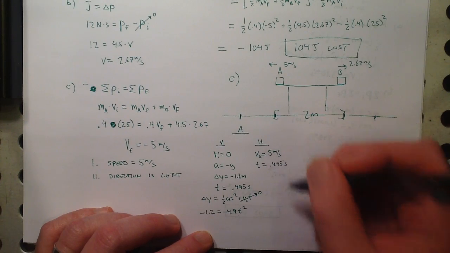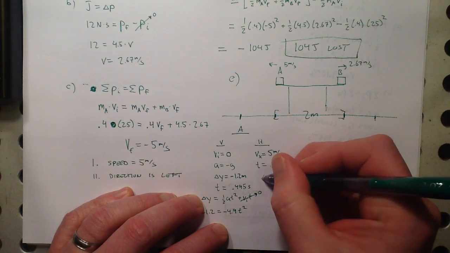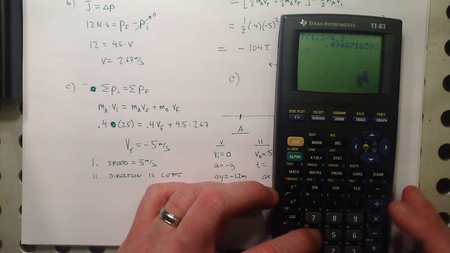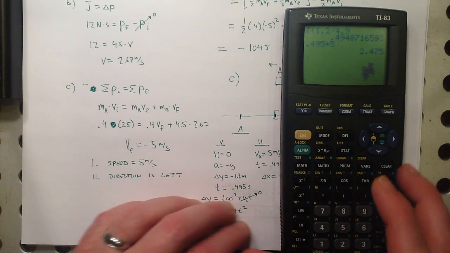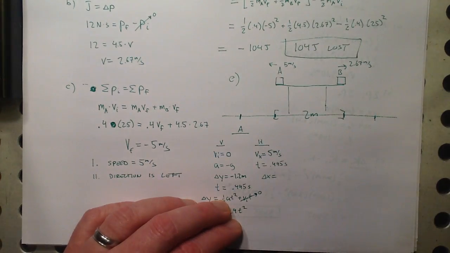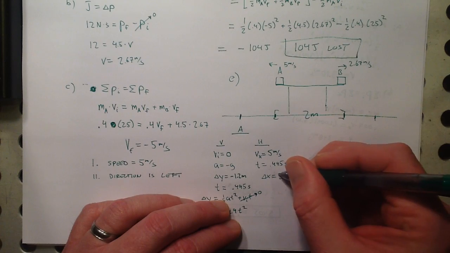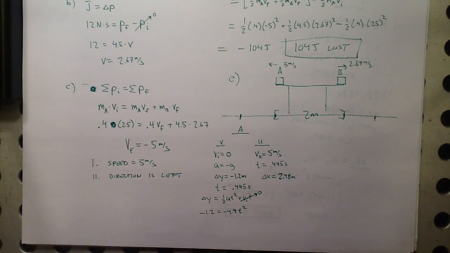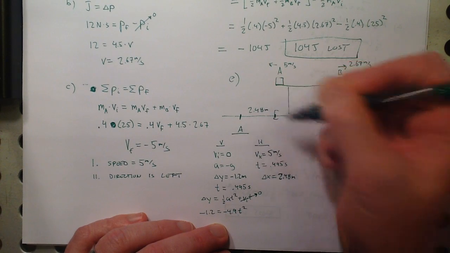It should be about 2.5 meters, right? So to get the delta x here, multiply those two together. Times 5, 2.48, let's call it. Right, if you go 5 meters a second for half a second, then you got half of 5. Okay, so that's this distance, 2.48 meters.